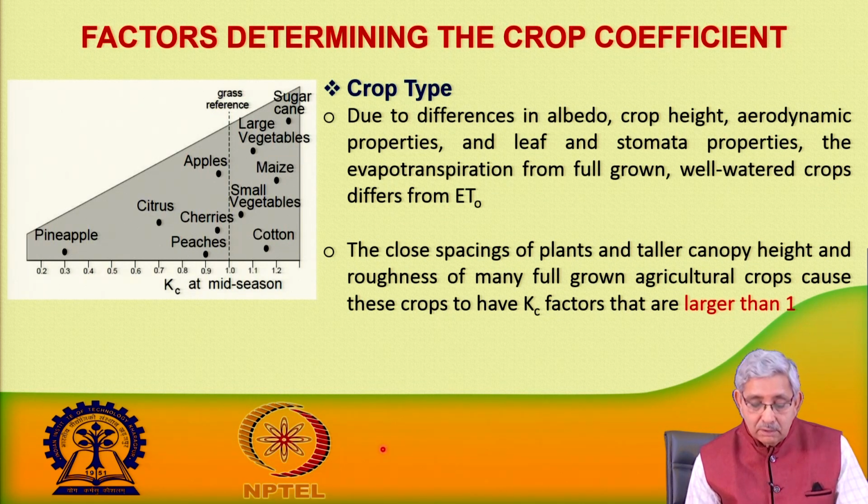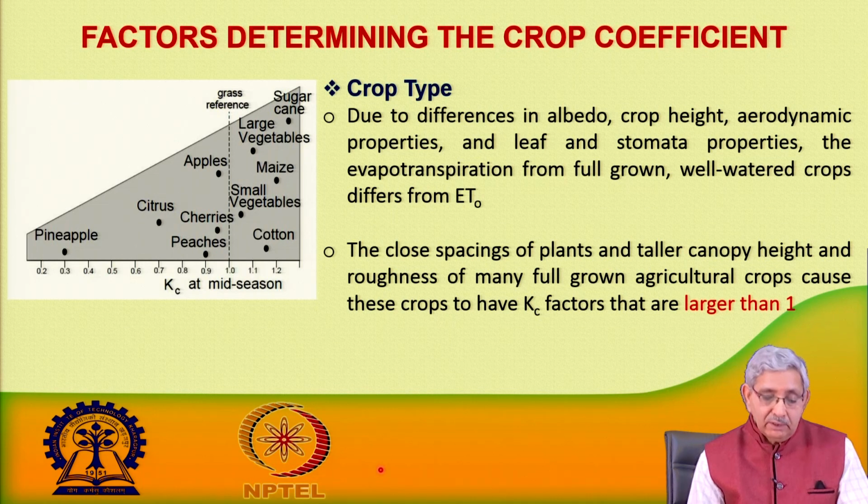So, the crop type is one part. Then the spacing between the plants, how closely they are spaced, and the taller canopy height and roughness of many fully grown agricultural crops cause these crops to have a Kc factor larger than 1. This is what we see in these crops which have a Kc value greater than 1.